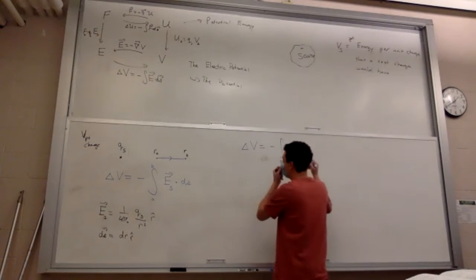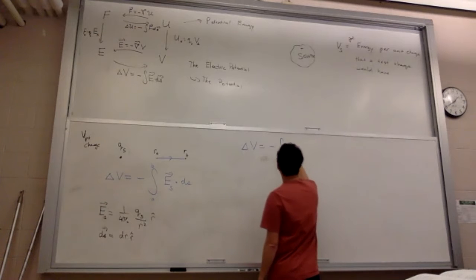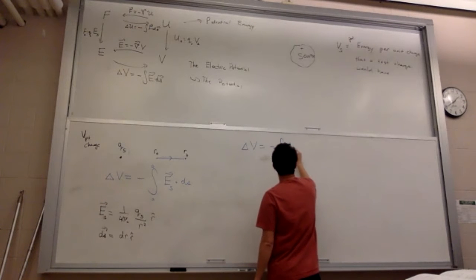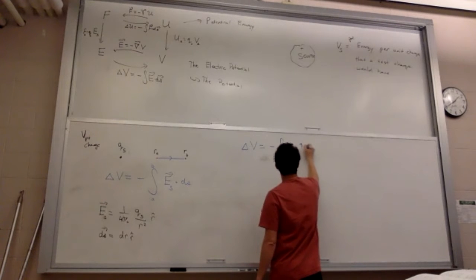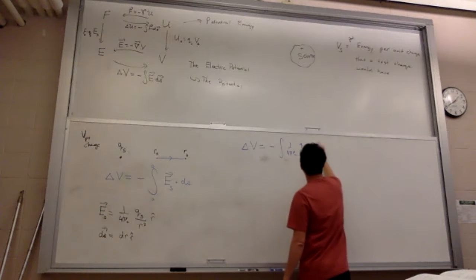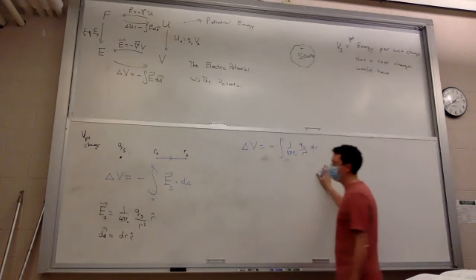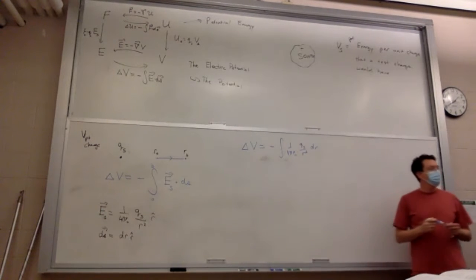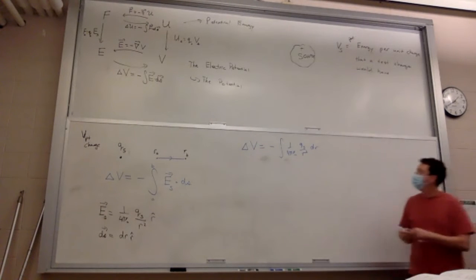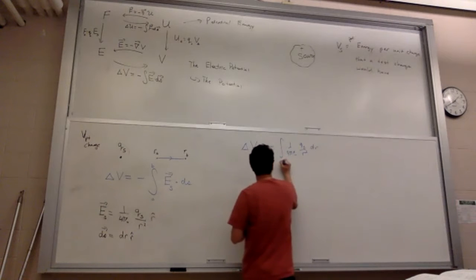That's why this path is particularly nice. So I get 1 over 4 pi epsilon naught qs over r squared dr, sorry. What does that give me? Oh, from RA to RB.